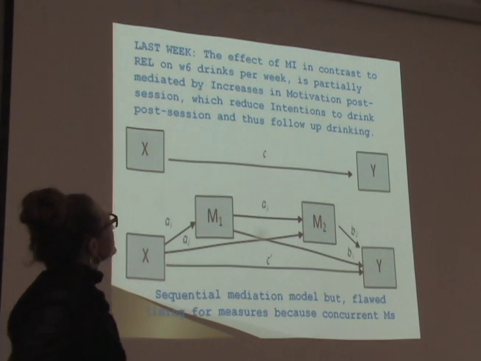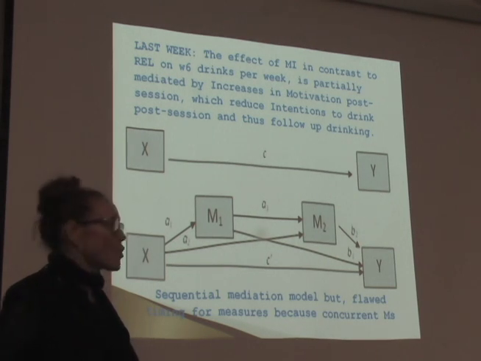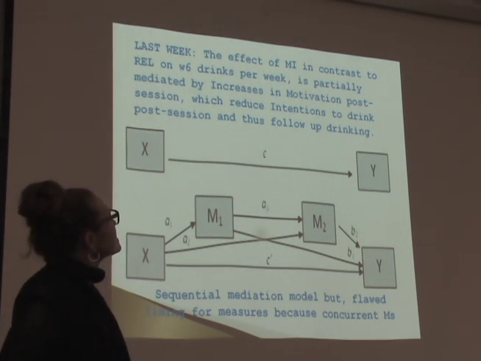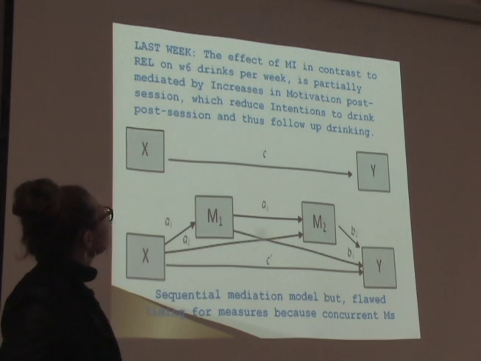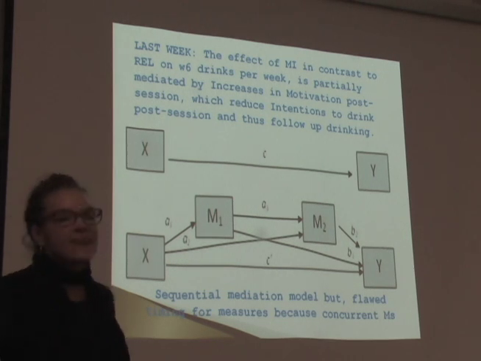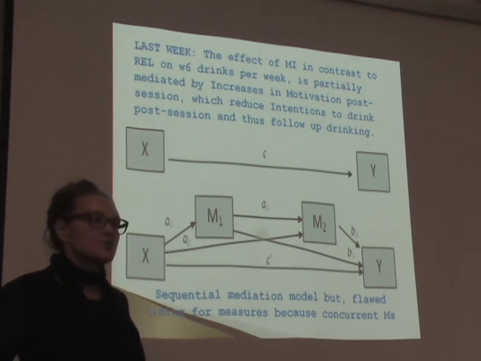All right, so last week we talked about the effect of MI in contrast to the relaxation training control on week 6 drinking as being partially mediated by increases in motivation post-session, which reduce intentions to drink post-session and thus follow-up drinking, right? So we tested the sequential mediation model.